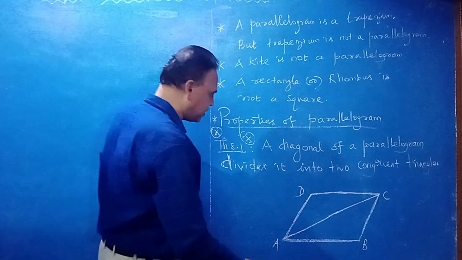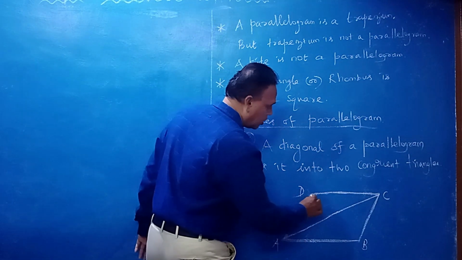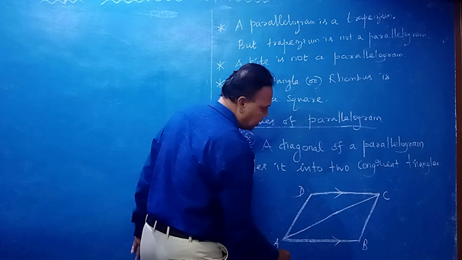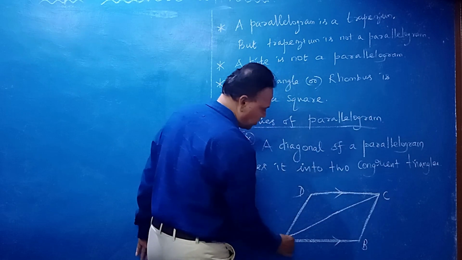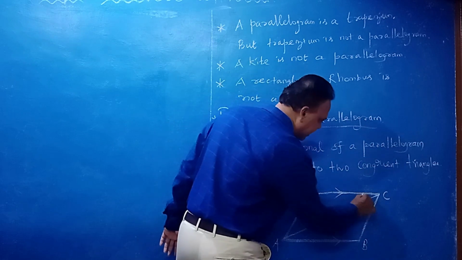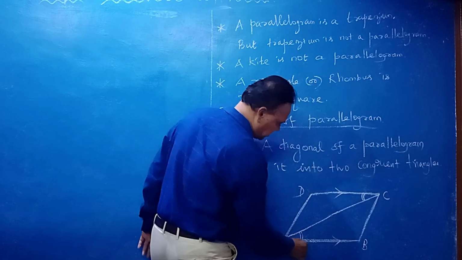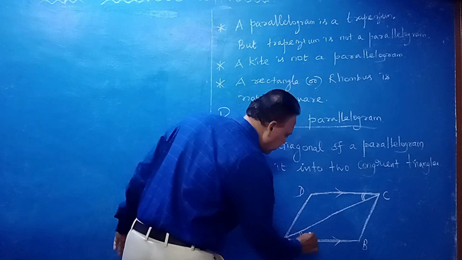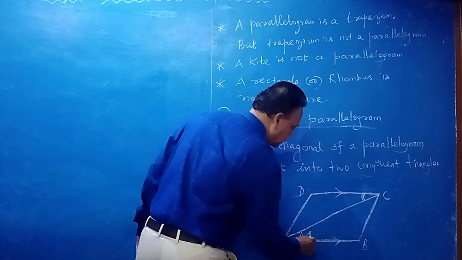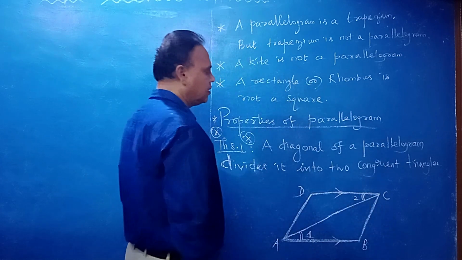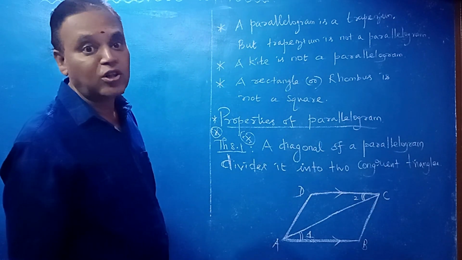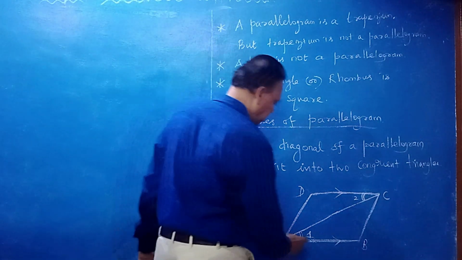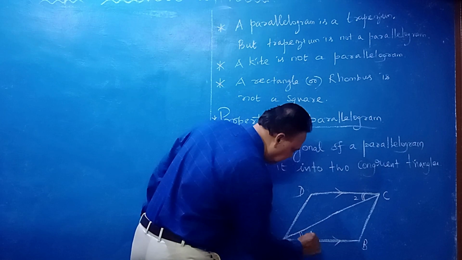So here, very simple. These two lines are parallel, and this is the transversal. So this angle is equal to this angle. Agree or not? Angle 1 equals angle 2. Why?